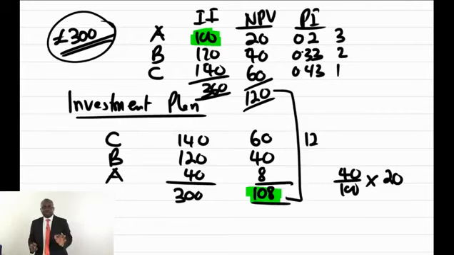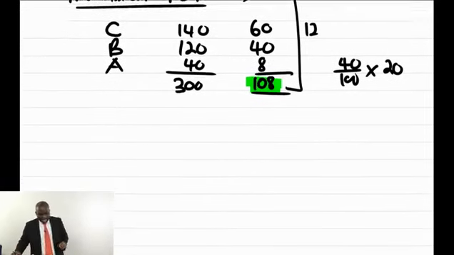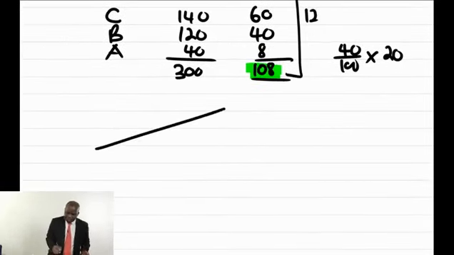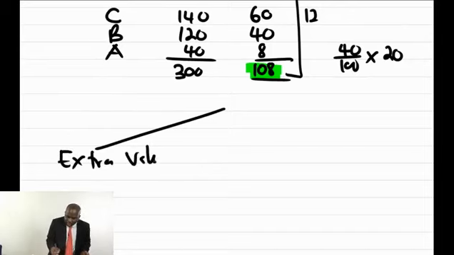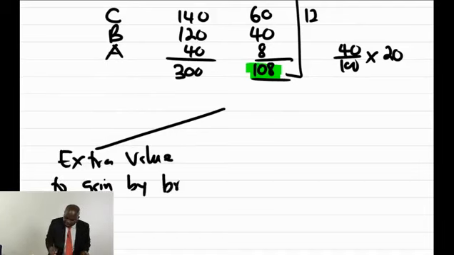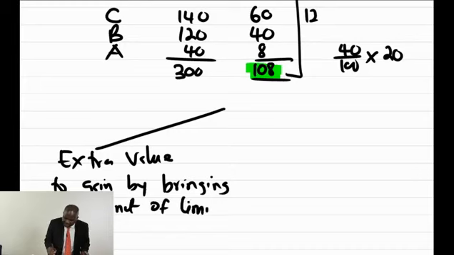Therefore, my shadow price, my opportunity cost, is telling me how much extra value the company will gain by bringing in 1 unit of the limited resources.